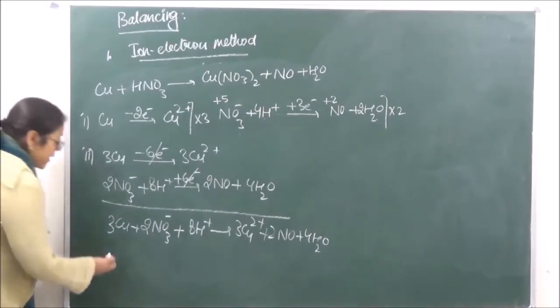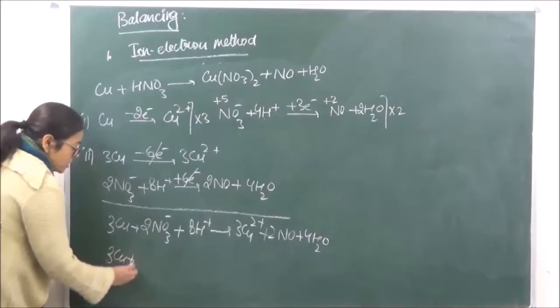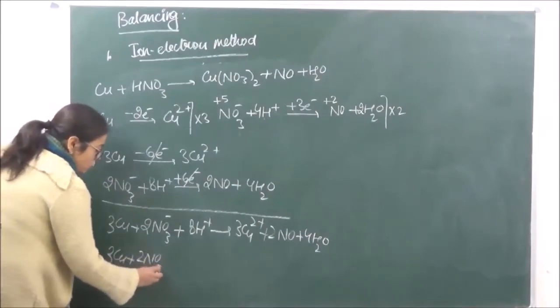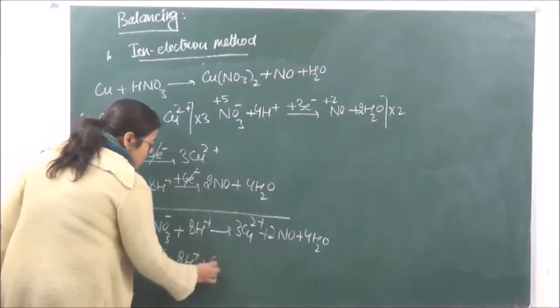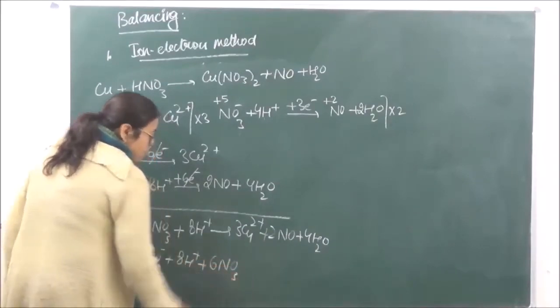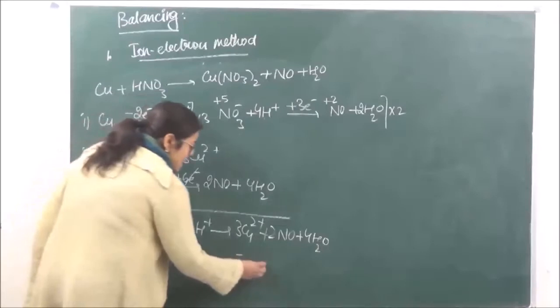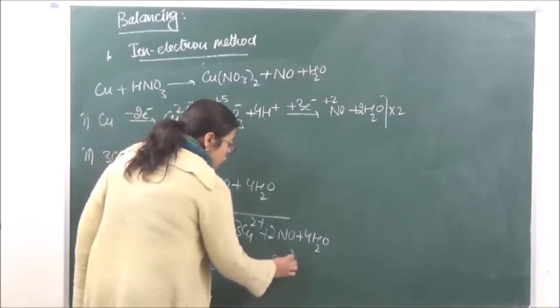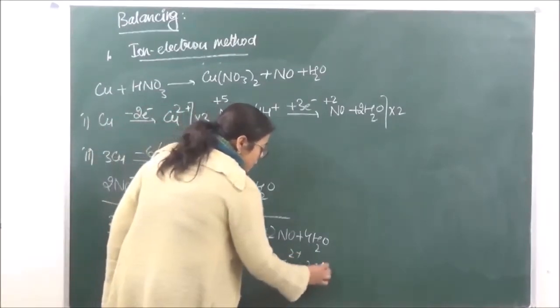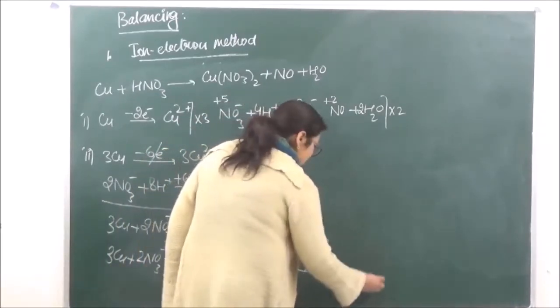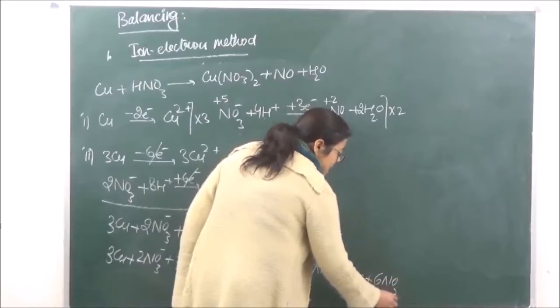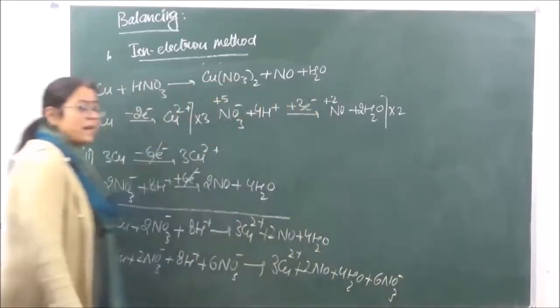So our ionic reaction is going to be 3Cu plus 2NO3 negative plus 8H positive plus 6 nitrate ions to give us 3Cu2+ plus 2NO plus 4H2O plus 6NO3 negative. So both sides we have added this.